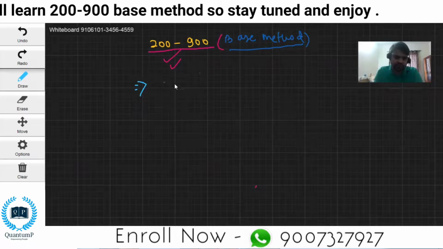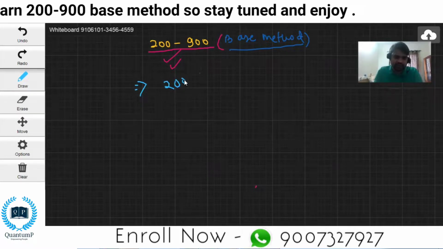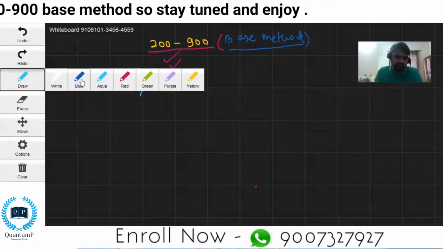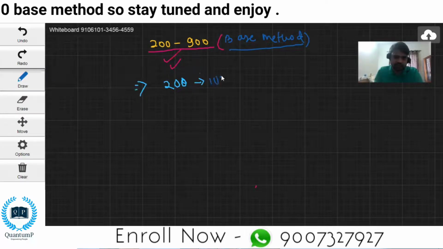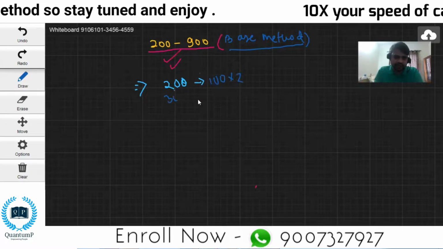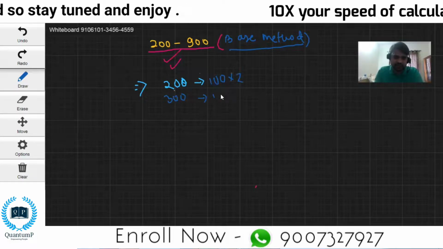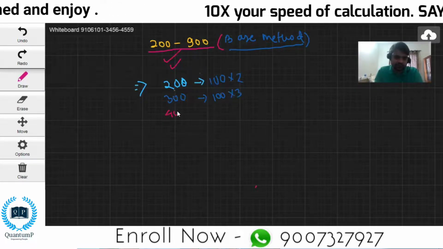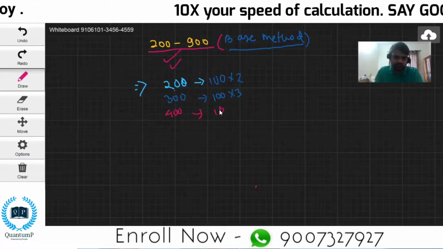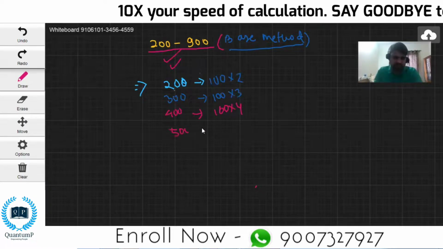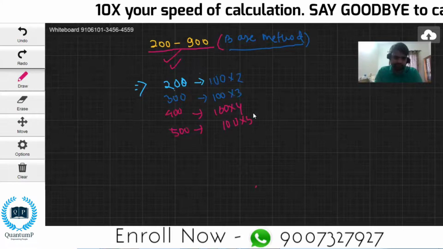See, suppose you are doing 200 base. 200 is the result of 100 into 2. In the same way, 300 is 100 into 3, 400 is 100 into 4, 500 is equal to 100 into 5, and so on.